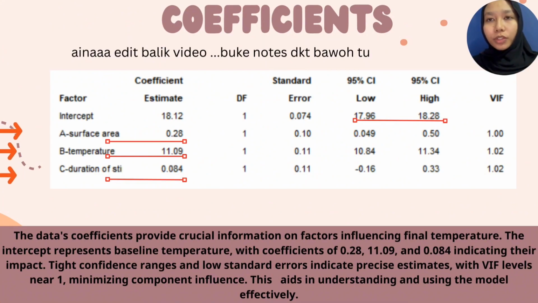The coefficients provide crucial information on the factors influencing final temperature. The intercept represents the baseline temperature, with coefficients of 0.28, 11.09, and 0.084 indicating the impact of the factors. Tight confidence ranges and low standard errors indicate precise estimates, with VIF levels near 1, minimizing multicollinearity. This aids in understanding and using the model effectively.